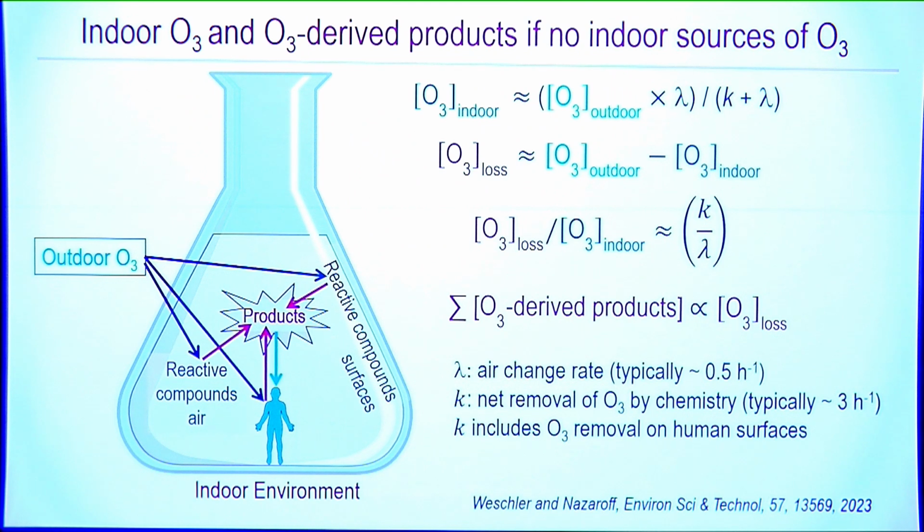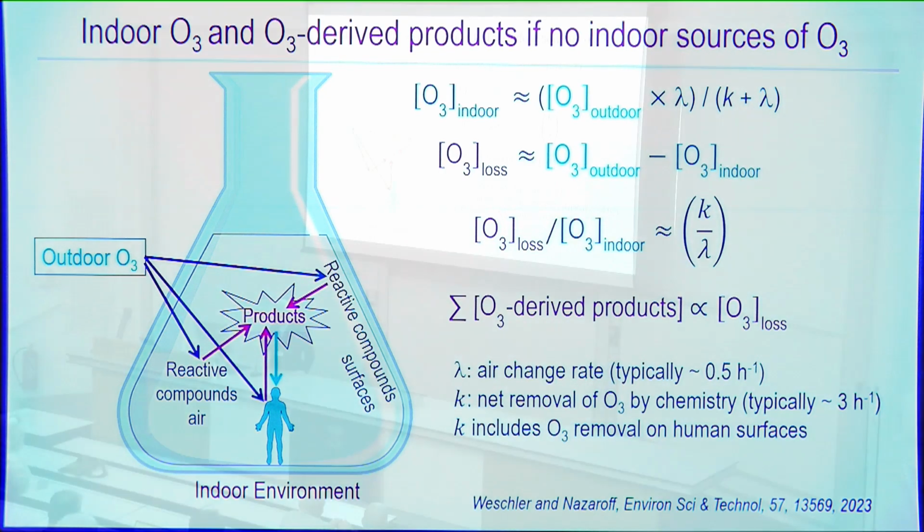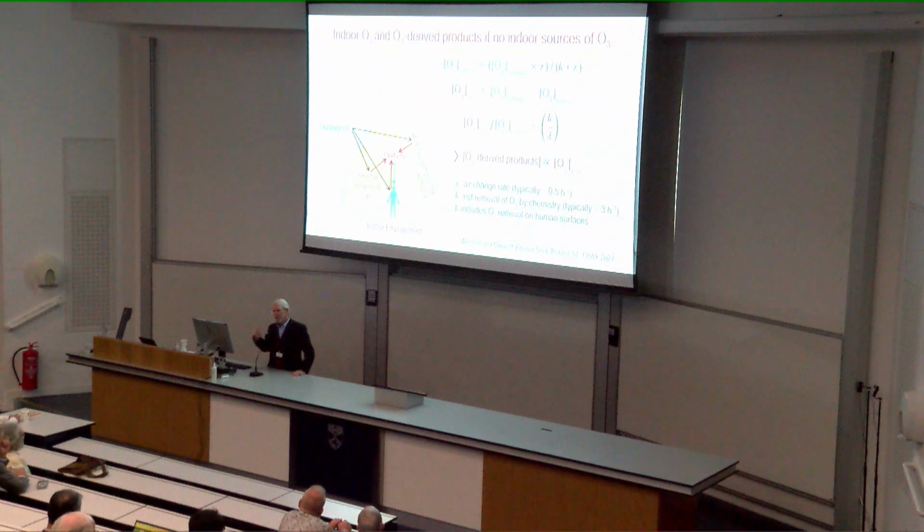And I remind you that K is that first order rate constant for surface removal, and lambda is the air change rate. Often K is larger than lambda, so this is telling us that often ozone loss is larger than ozone itself. The net concentration of ozone-derived products is proportional to ozone loss. That's where ozone loss is really useful.